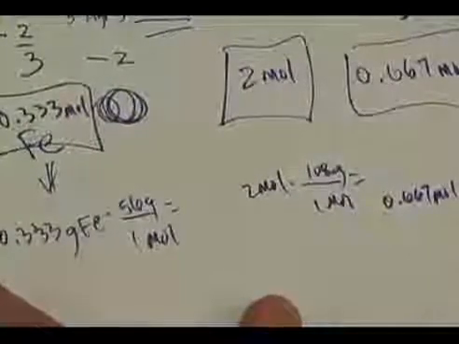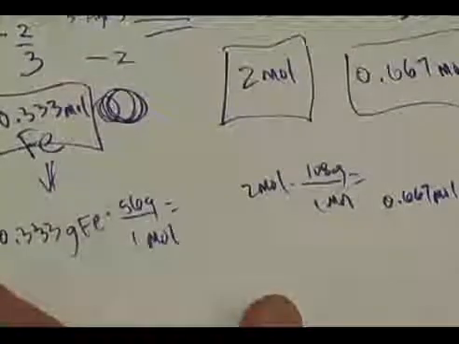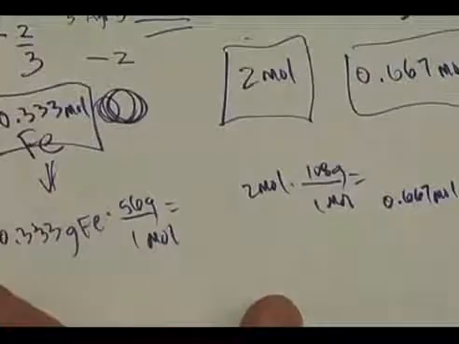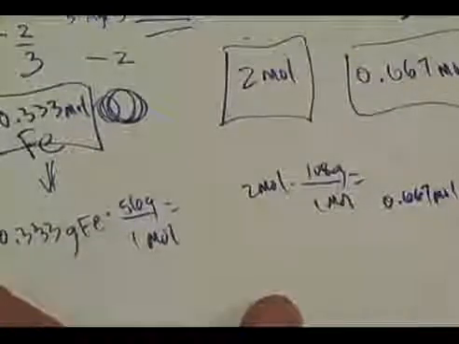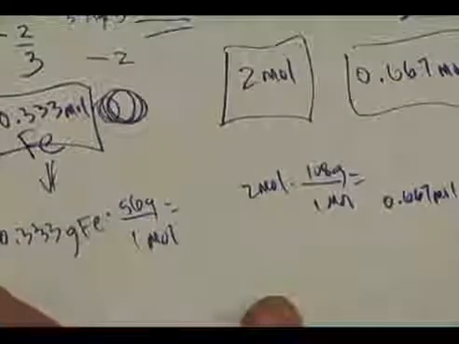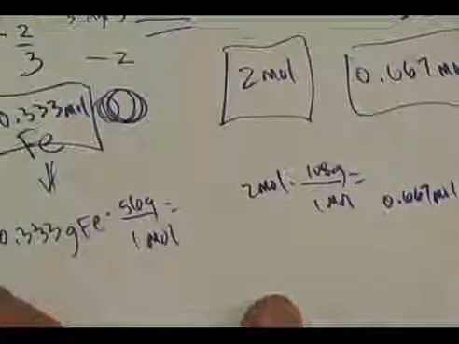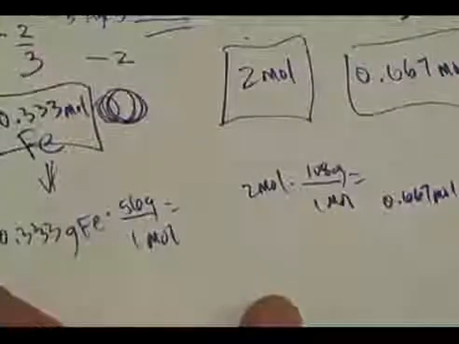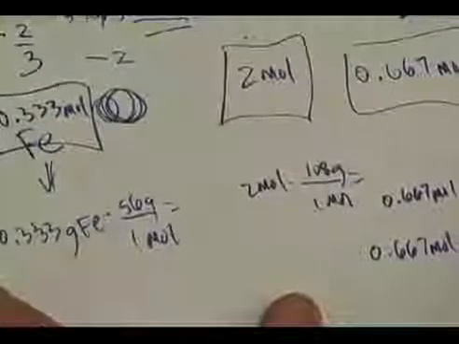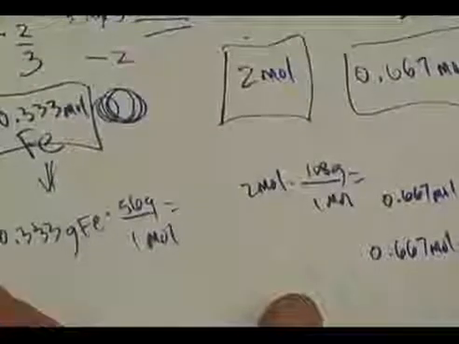Iron is 56 plus 14, 3 of those, plus, let's see, there's a 3 here and a 3 here, so 9 times 16, I get 242. I hope my math is right there. So there's 242 grams in 1 mole there.